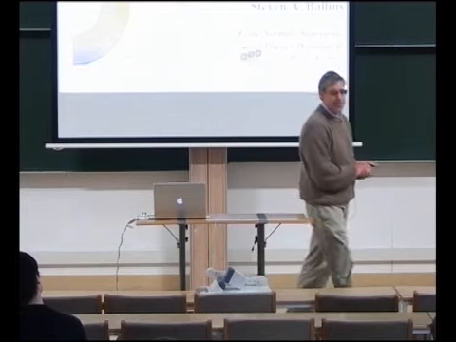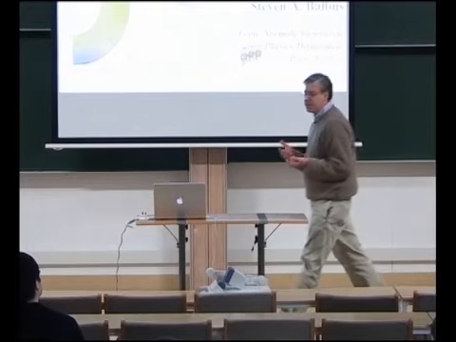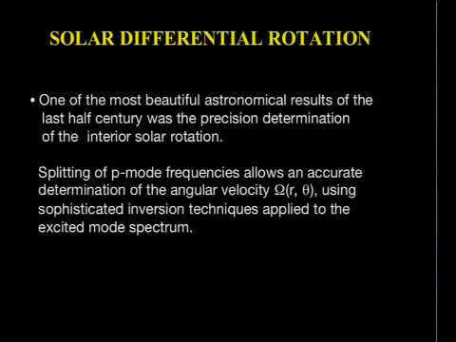So I enter into this field a bit as an outsider. So if I seem a little bit naive, please bear with me. But I would like to show you what seems to me an interesting and promising route to understanding why the sun rotates the way that it does.